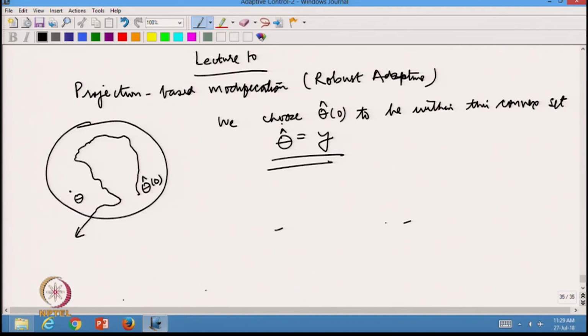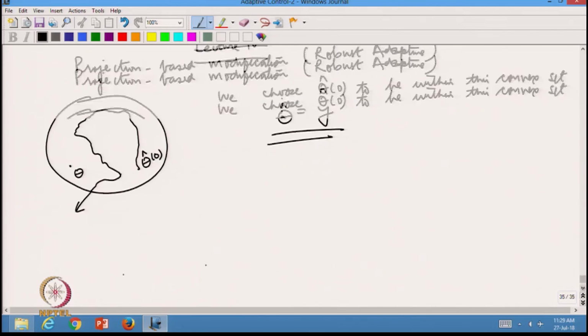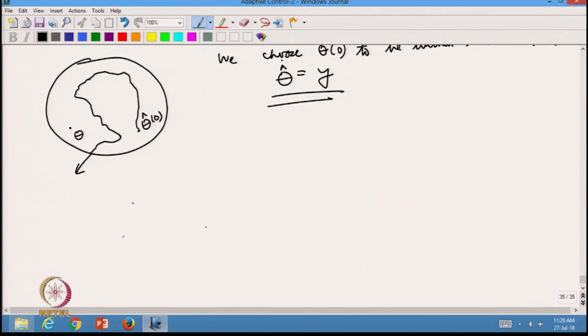So, for that, let's look at this more clearly. So, let us say this is the boundary of the convex set and the theta hat is trying to move out.